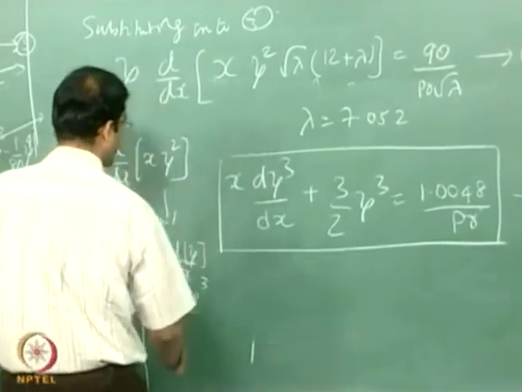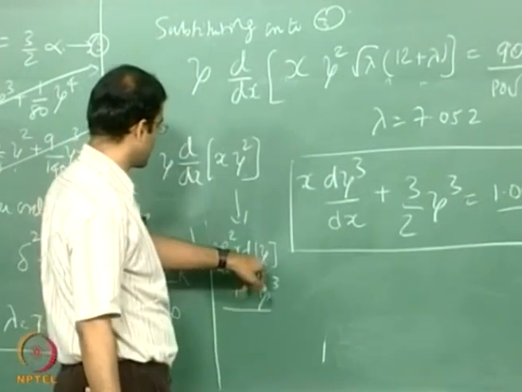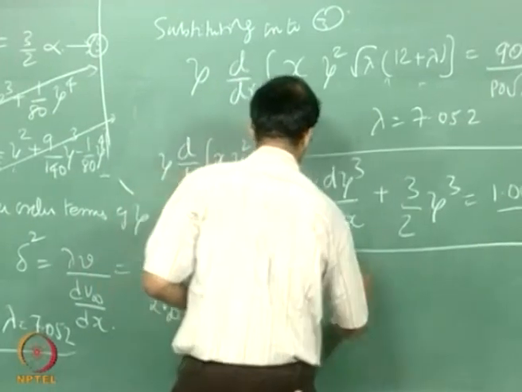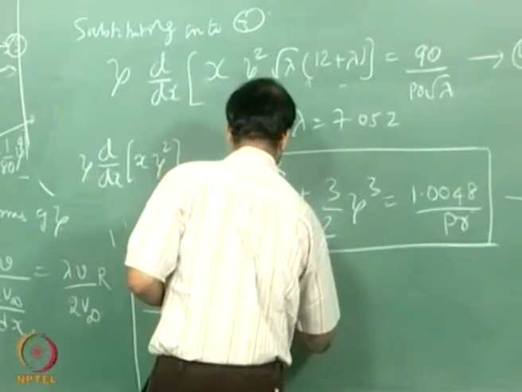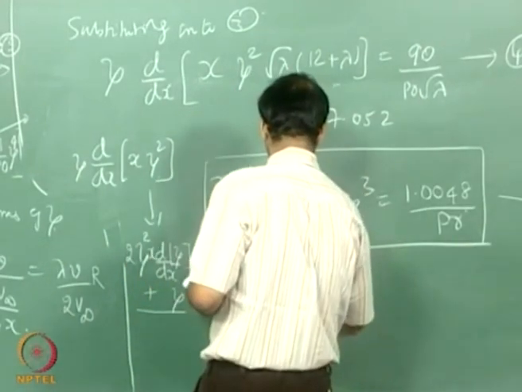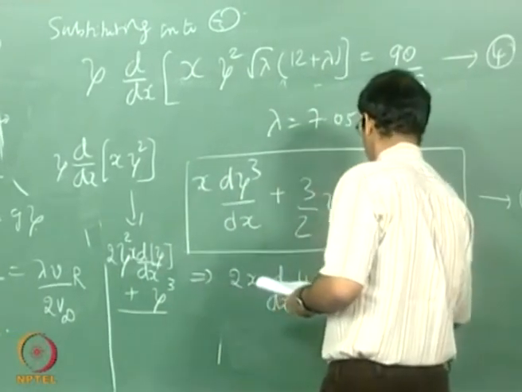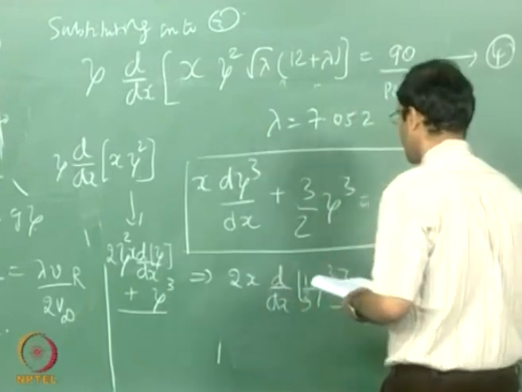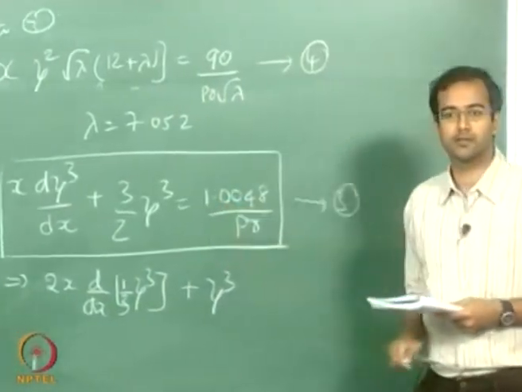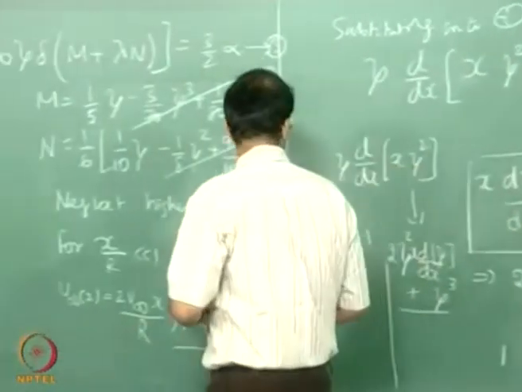This is how I am expanding it. Once again this term right here, zeta cube, can be written as 2x d by dx of zeta cube, into 1 by 3. So I have plus zeta cube, basically I am dividing throughout by 2 by 3, and therefore I have this final expression. It just comes through a couple of steps of algebra, which is not that difficult.